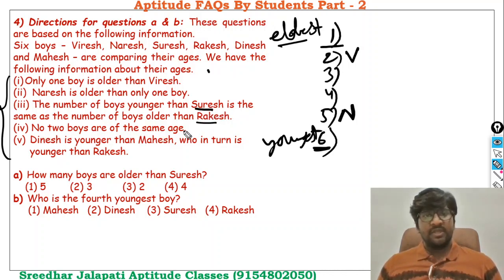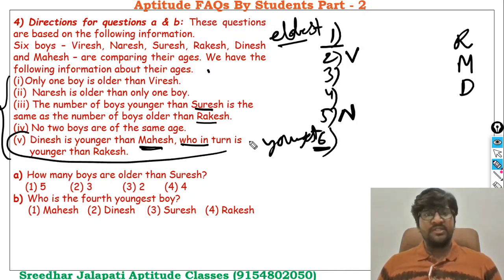No 2 boys are of the same age, obviously, that's why for 6 boys we are given 6 different ranks. Dinesh is younger than Mahesh. So in my notation, younger people always lie down, whereas elder people are up in the ranking system. So as Dinesh is younger than Mahesh, who in turn is younger than Rakesh.